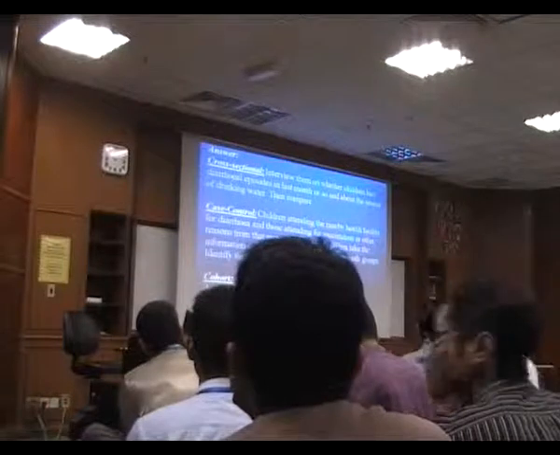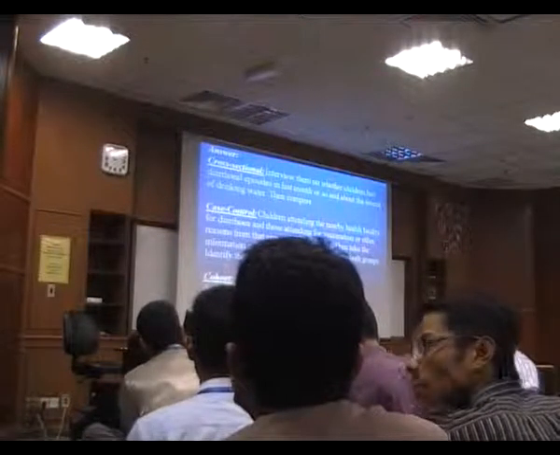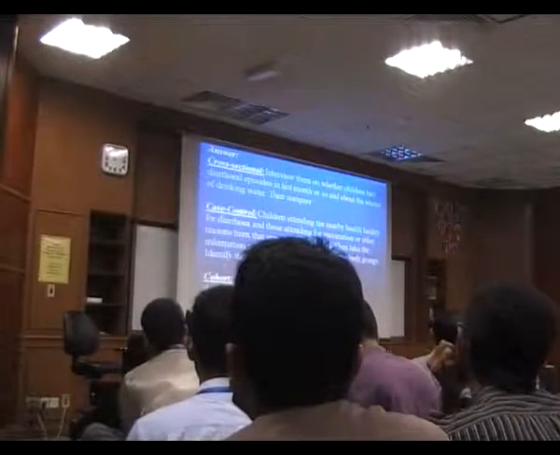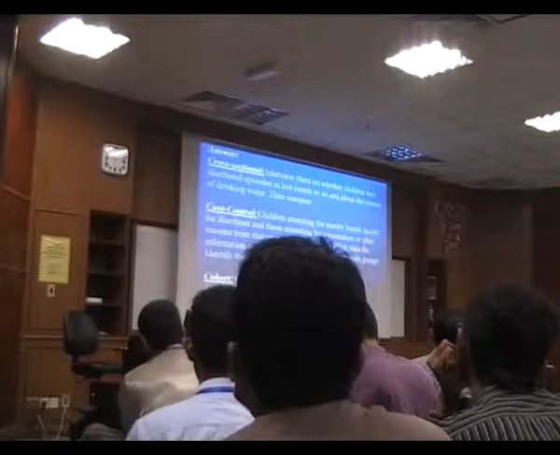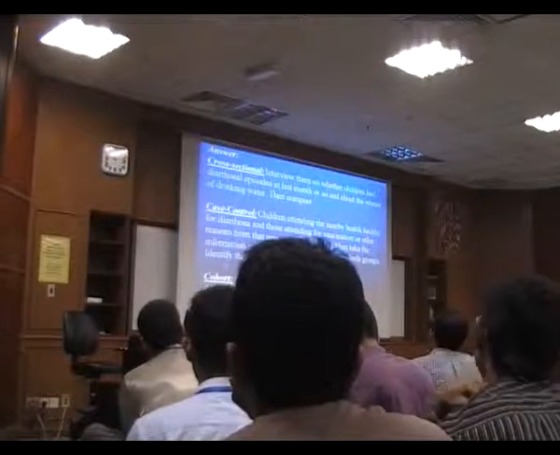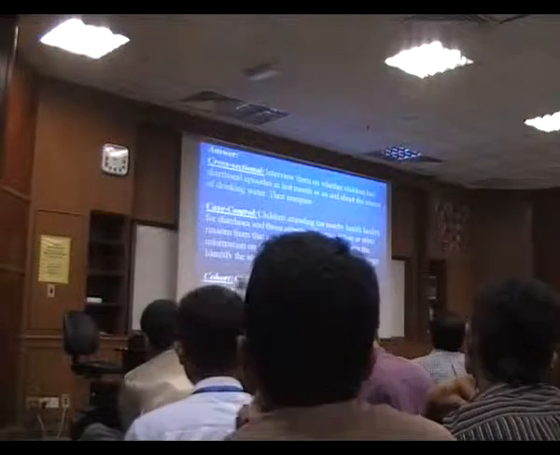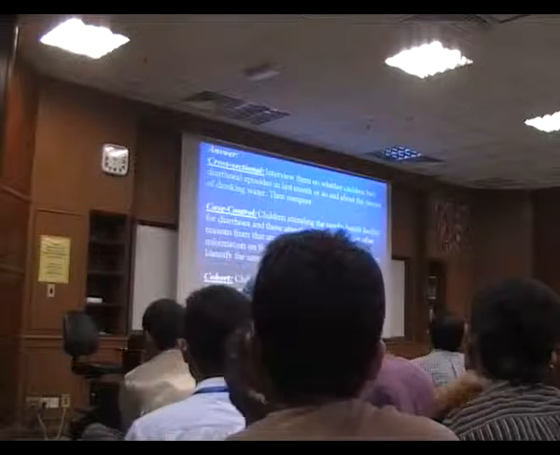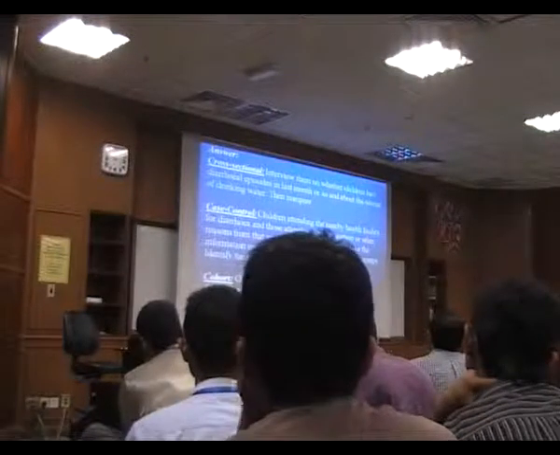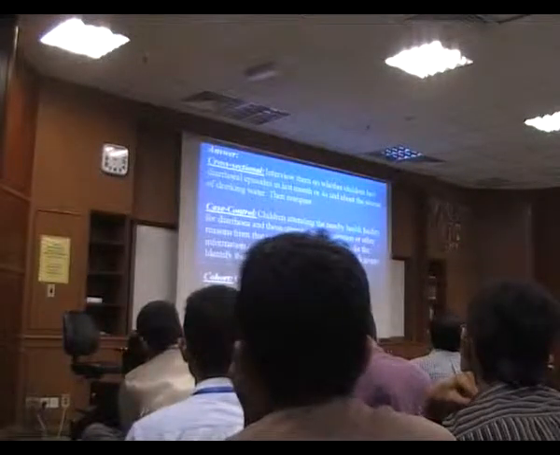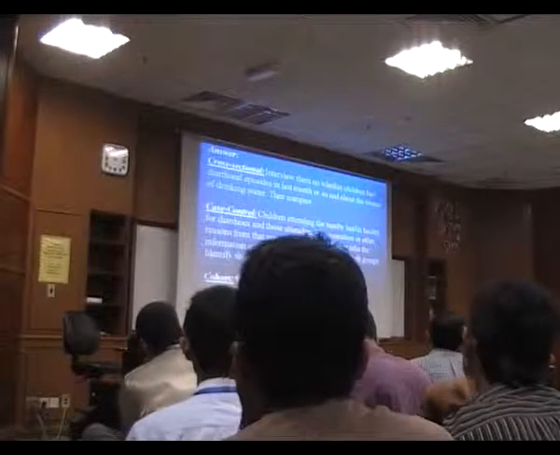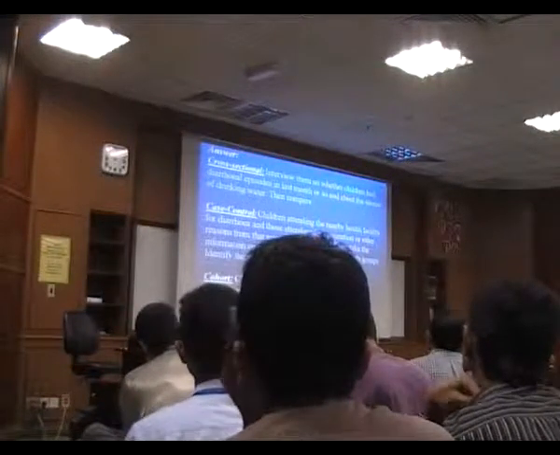Since you select the cases from the hospital, you select the controls also from the hospital: children who go to the facilities for vaccination or other reasons. Then ask them retrospectively what source of drinking water they have used. This is also possible.